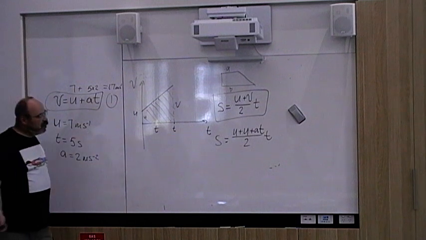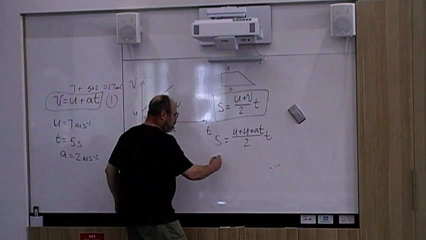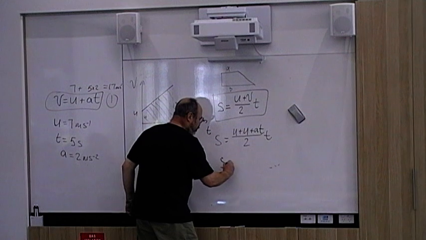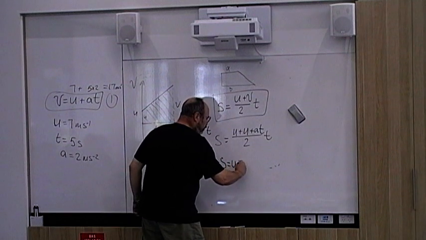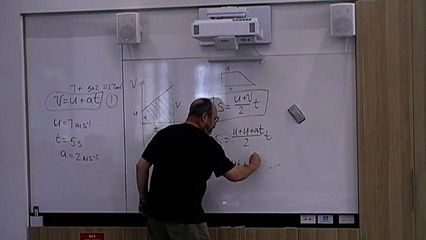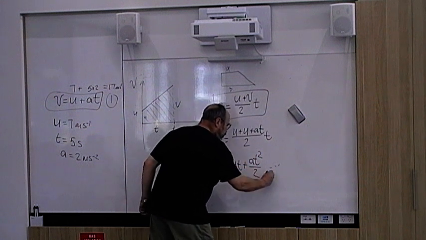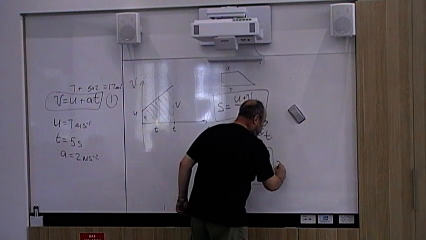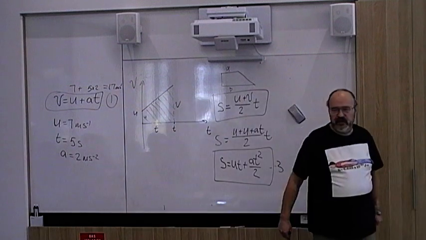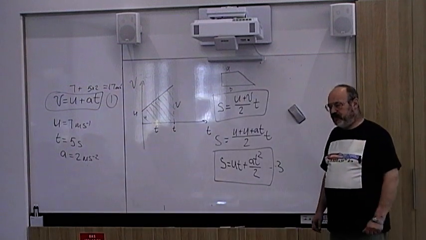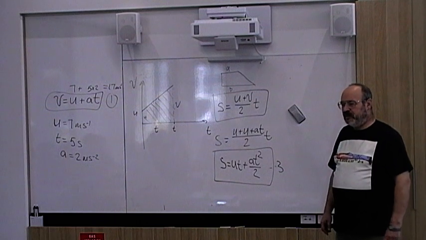Now let's collect like terms and simplify, and we will get S equals UT plus AT squared over 2. That's formula number 3. You just expand.